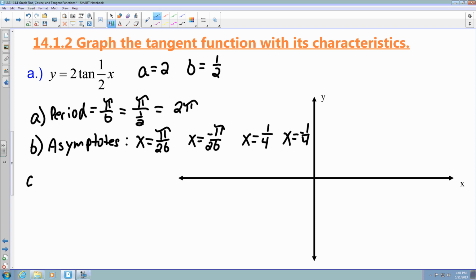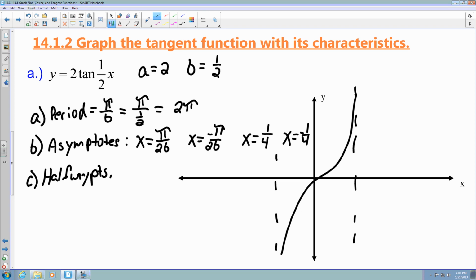The next thing I want to find is my halfway points. If I were to get a graph here, it looks something kind of like this. The halfway point is the point in between the period that is in between the x-intercept and our vertical asymptotes.